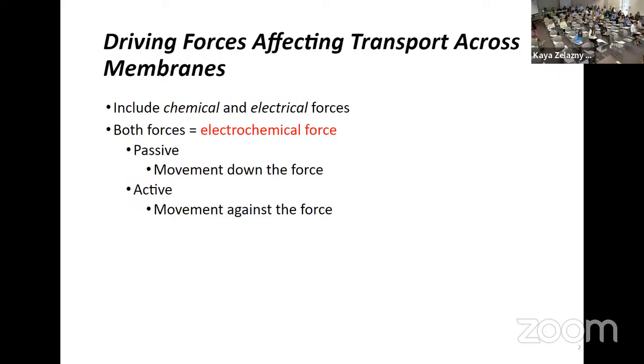So the thing we want to realize about electrical forces are that positive charges and negative charges attract each other. So positive and negative pull together like magnets. And the reverse of that, positive charges and positive charges repel each other. Negative and negative repel each other. So different charges want to come together, like charges want to move apart.